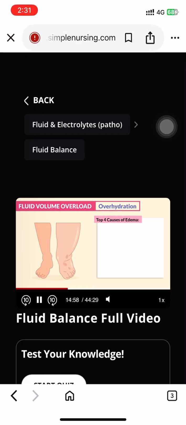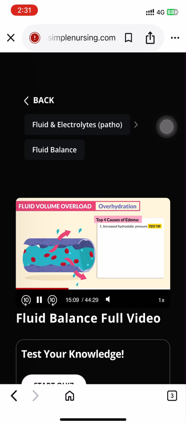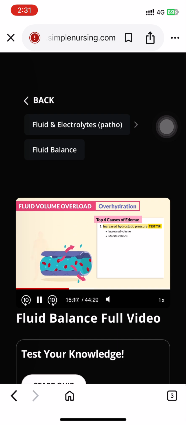Now, for the top 4 causes of edema, these are the 4 underlying pathophysiological processes responsible for the manifestations of edema. So, number 1 is a huge test tip: increased hydrostatic pressure. So, let the name help you here. Increased means high. Hydrostatic pressure is just fancy words for water pressure. Remember, hydro means fluid.